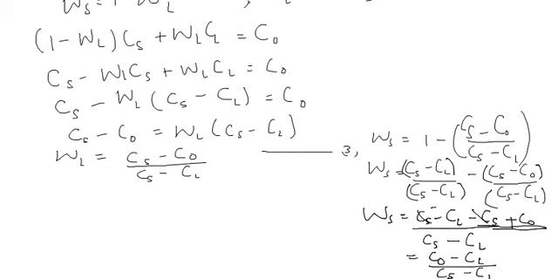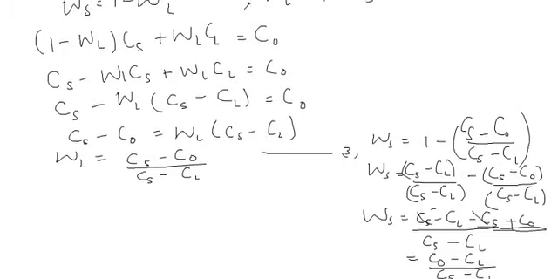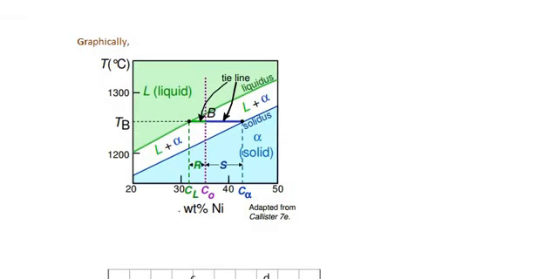Now for you to actually interpret this on your graph, you will notice that this formula is actually very, very simple, and this you'll understand. If you take a look at the graph, you'll notice that co is the parameter in the middle. So what did we say? We said ws is equal to co minus cl all over cs minus cl, right?